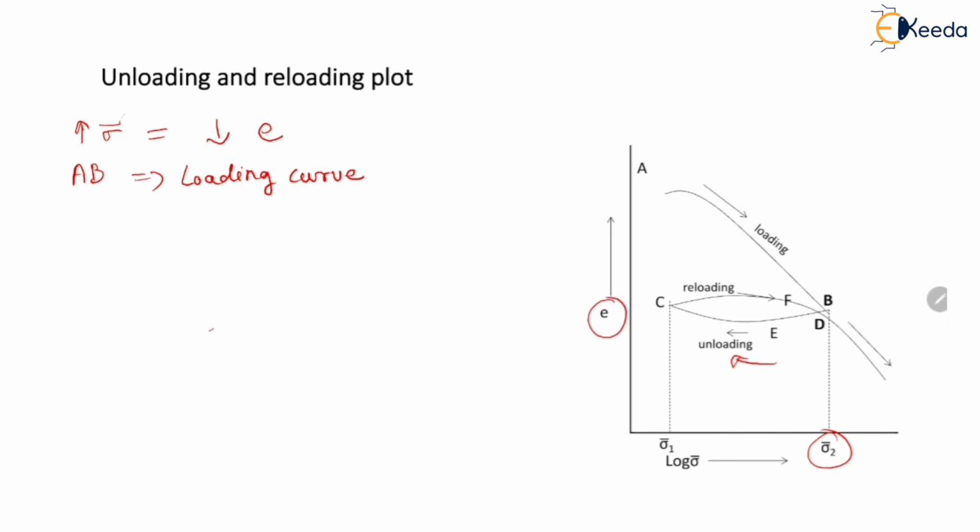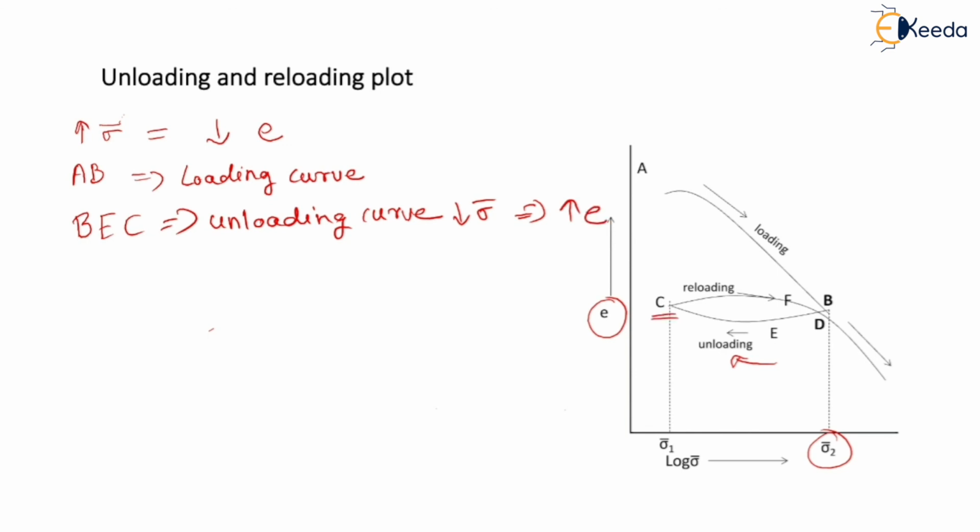So curve portion BEC represents unloading curve, where we are reducing the load. So as we reduce the effective pressure, void ratio is getting increased.